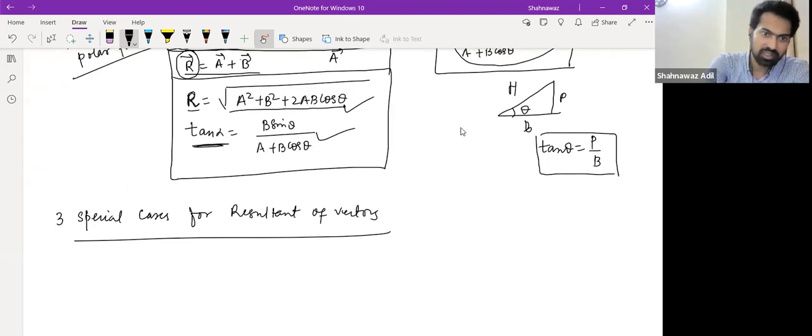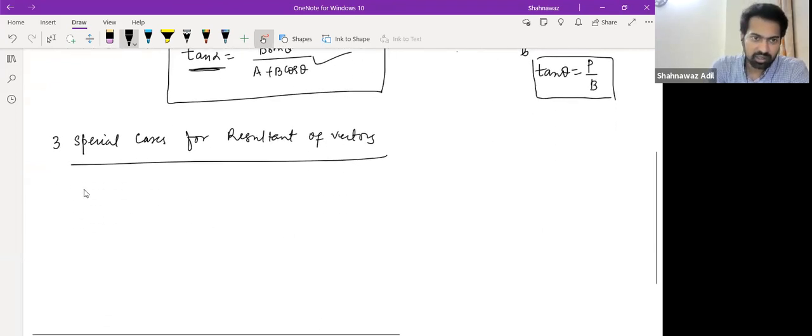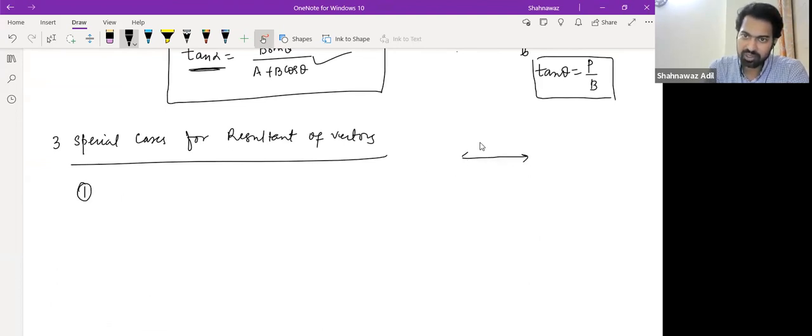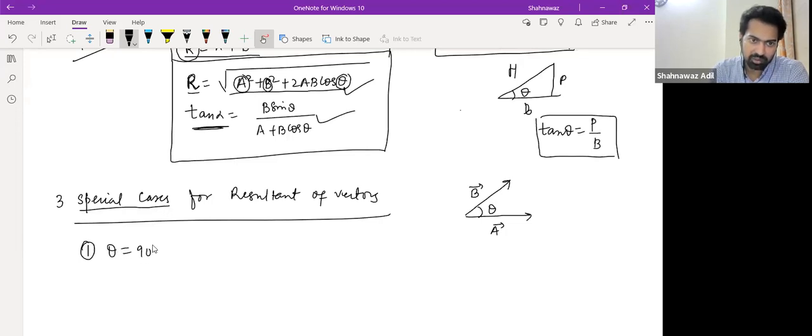So there are three special cases for the resultant of vectors. Let's say one special case is this. Remember this diagram where we calculated the resultant: these were the two vectors, and we know the magnitude of A, the magnitude of B, and the angle between A and B. The first special case is when this angle is 90 degrees.